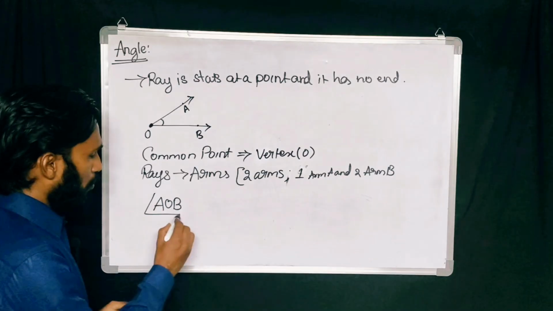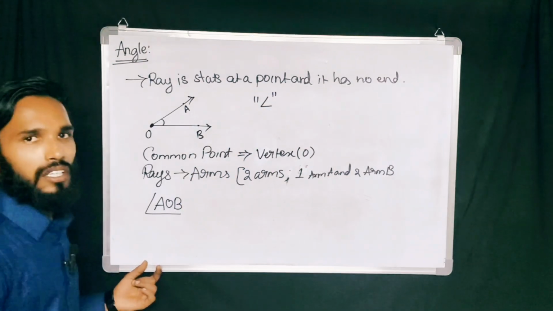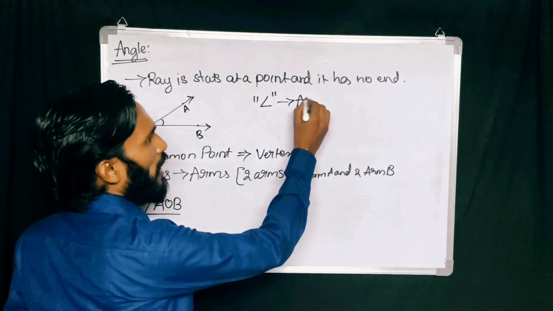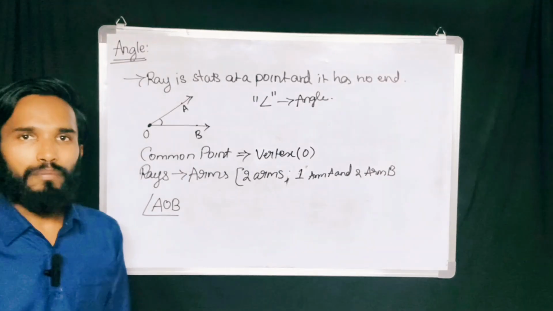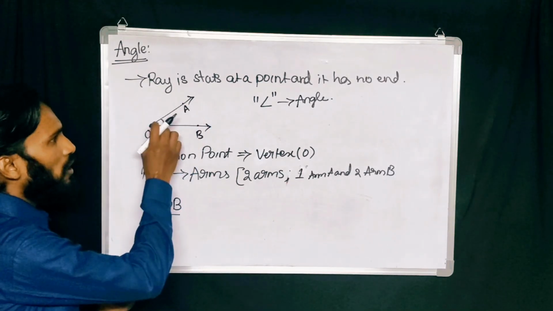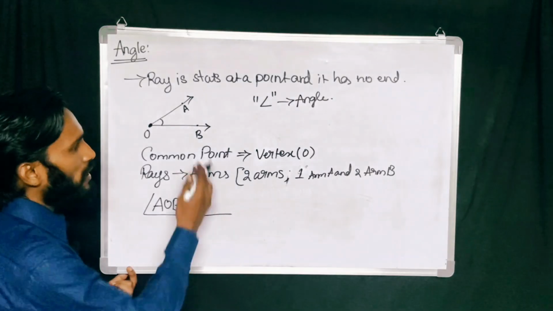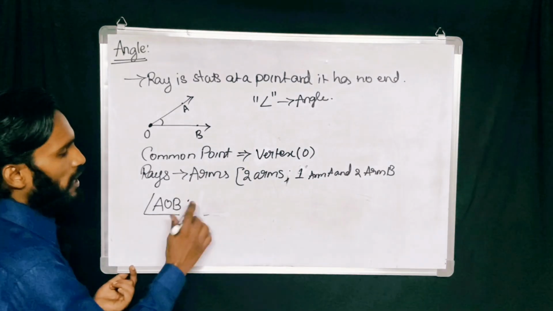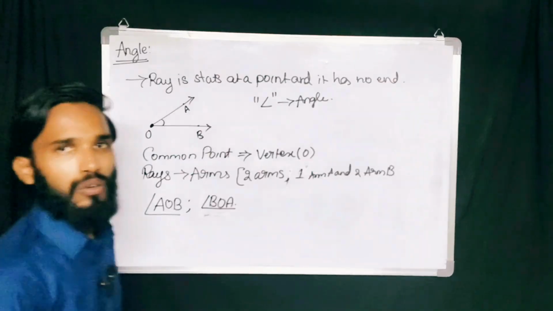This is how an angle is represented in geometry. So remember, this is angle AOB. We can call it AOB, or else we can call it BOA.